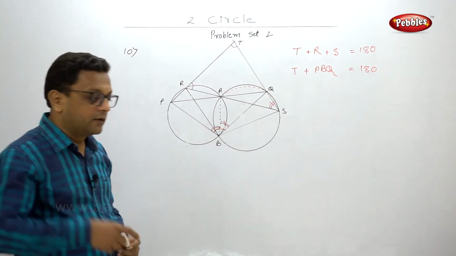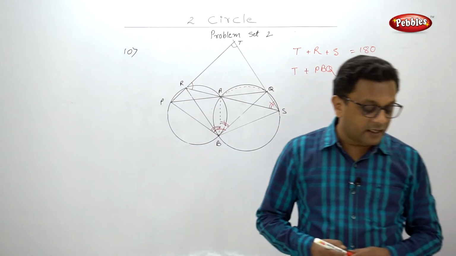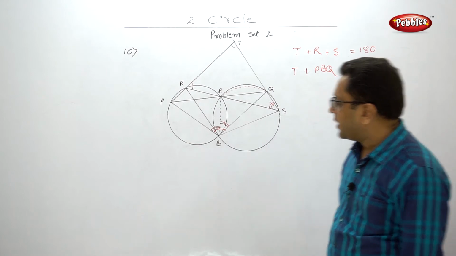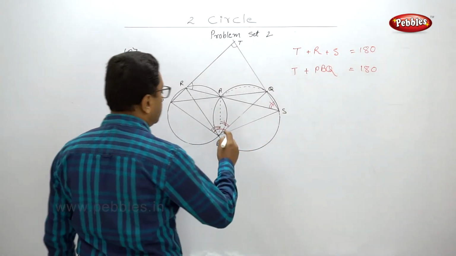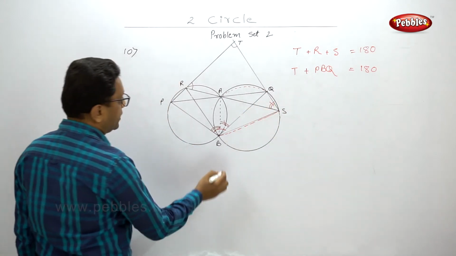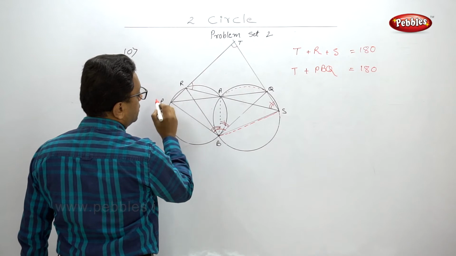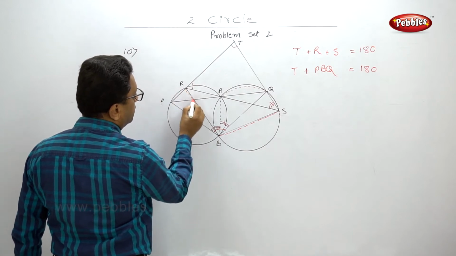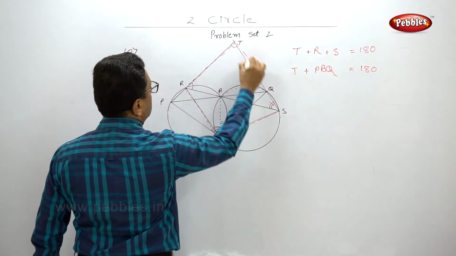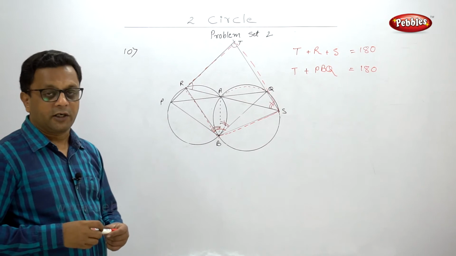Now the second part. In the second part we have to prove that BSTR is a cyclic quadrilateral. BS, I'll just mark by red. B S T. This we have to prove is a cyclic quadrilateral.